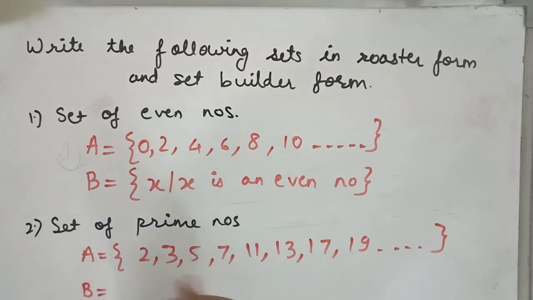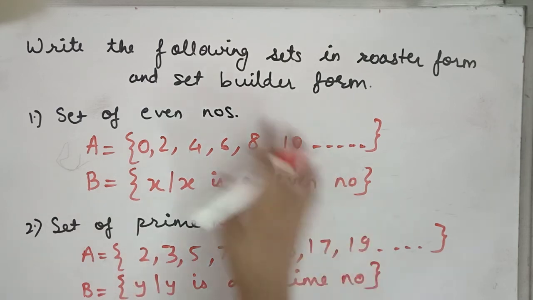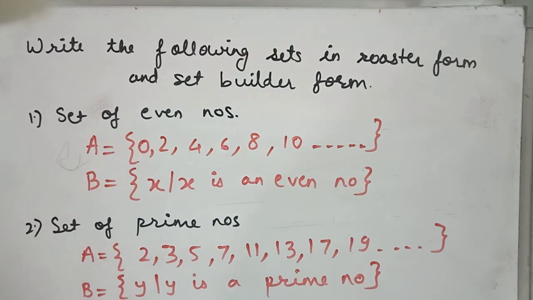This is the roster form. Now let's represent it in set builder form. We will take the variable, suppose y, such that y is a prime number. We are not given any condition, so we will keep it as it is. So B is the set of y such that y is a prime number. This is the set builder form.